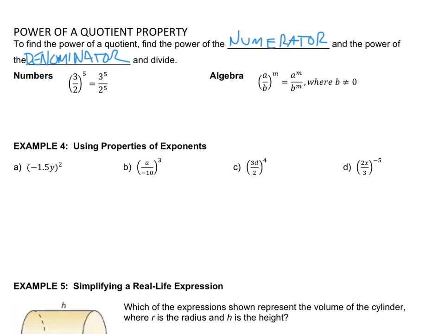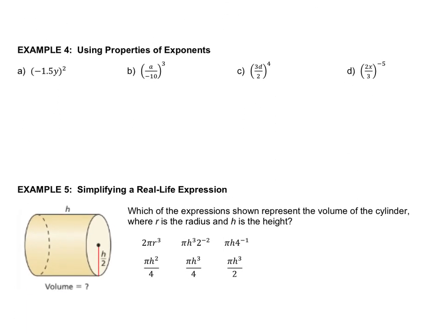So let's try some examples of those. So for the first one, I have the power of a product. I have two bases on the inside of my parentheses, a negative 1.5 and a y. Both of them have to get the outside exponent. So it's kind of like the distributive property.